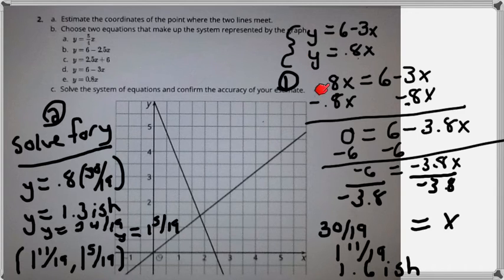Then I want to get the x on one side, so I subtract 0.8x here, and I subtract 0.8x over here, and that gives me nothing here equals 6 minus 3.8x, because -3x and -0.8x is -3.8x. Now I subtract 6 here, and I subtract 6 here, and that gives me negative 6 is equal to negative 3.8x.